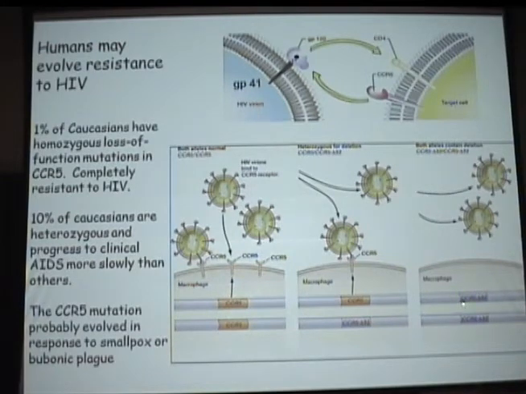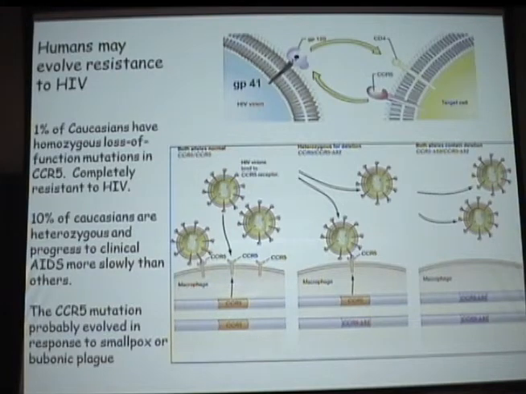So anyway, of course, there are other examples of human genetics that have evolved in response to pressures from pathogens. And of course, the classic example is the sickle cell anemia gene in response to malaria in African populations. If you have one bad copy, then you are protected against malaria and pretty healthy.